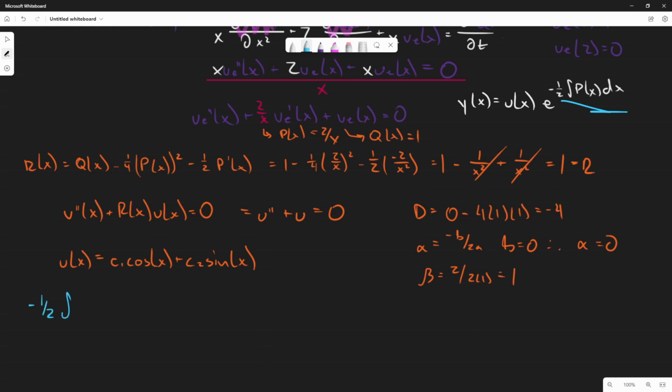So negative 1/2 times p of x, I mentioned that that was 2 over x, so it'll be the integral of 2 over x dx, and so the 2's cancel out, so you have negative multiplied by the integral of 1 over x dx, which, if you remember in integral calculus, is just equal to negative natural log of x, or just natural log of x raised to negative 1/2 if we use the log rules.